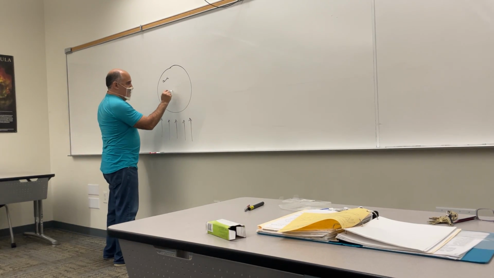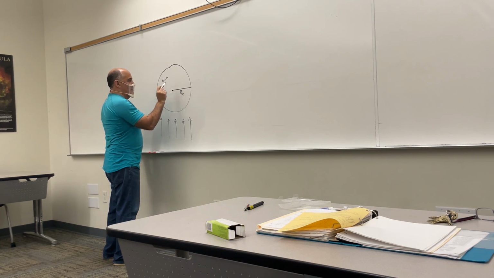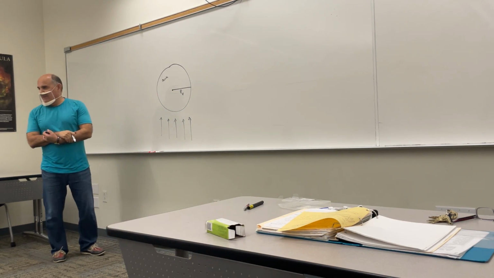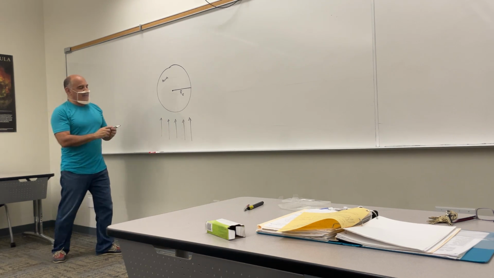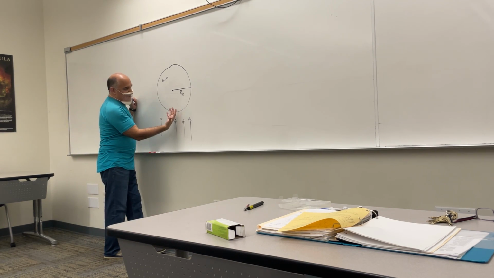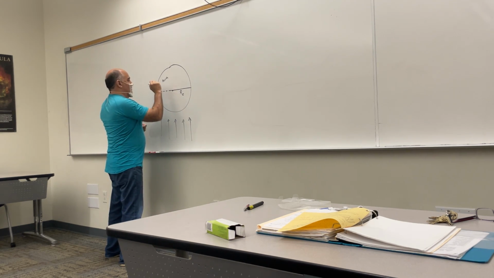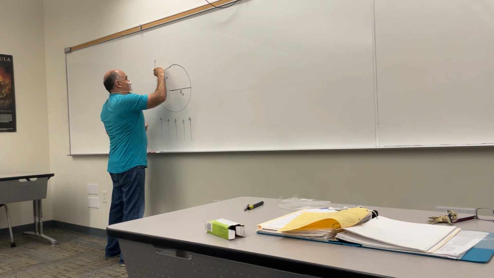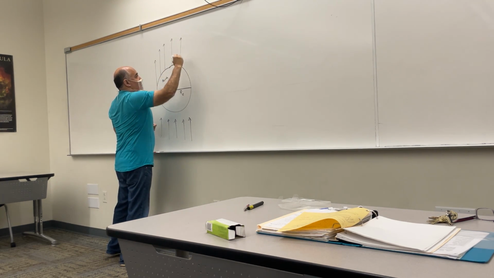That's the radius of the Earth. Okay? And instead of thinking of the Earth coming in like this, let me consider as if the energy is going like that. I don't know, maybe this will make it easier.